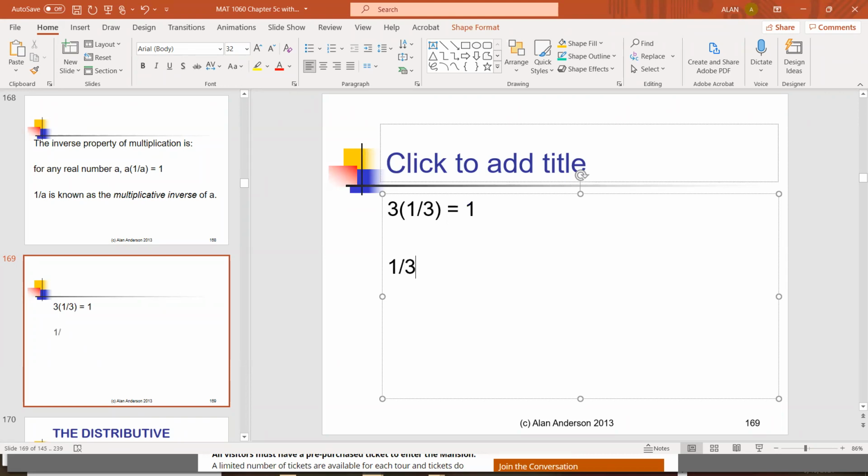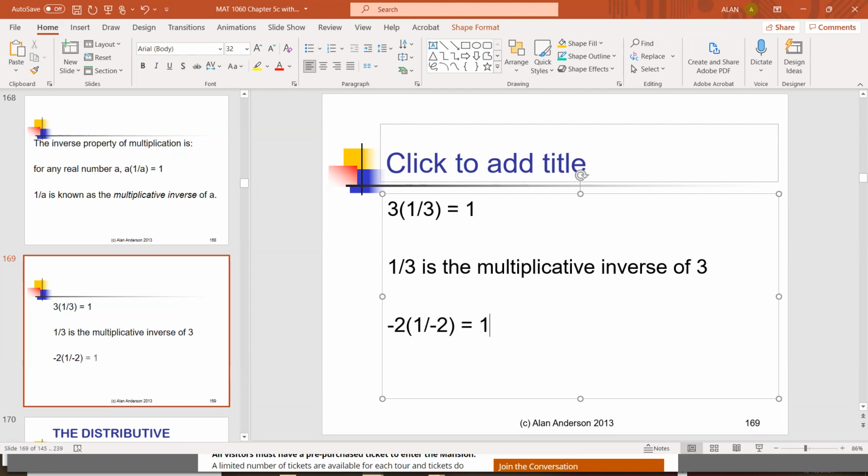Therefore, 1/3 is the multiplicative inverse of 3. Okay, that's true for negatives as well. So therefore, 1 over -2 is the multiplicative inverse of -2.